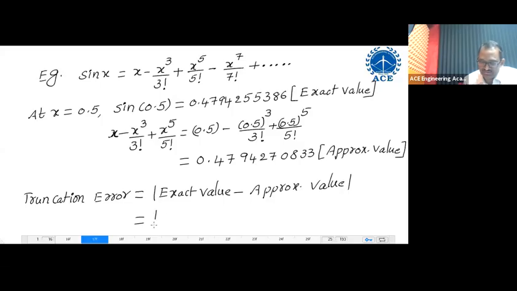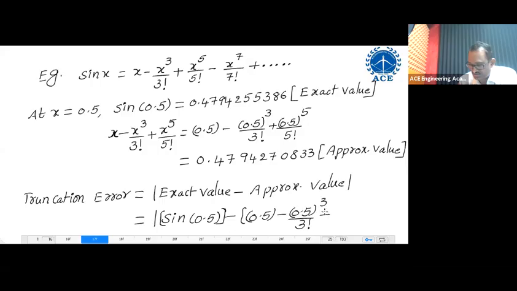Exact value sine of 0.5 minus approximate value: 0.5 minus 0.5 whole cube by 3 factorial plus 0.5 whole power 5 by 5 factorial.